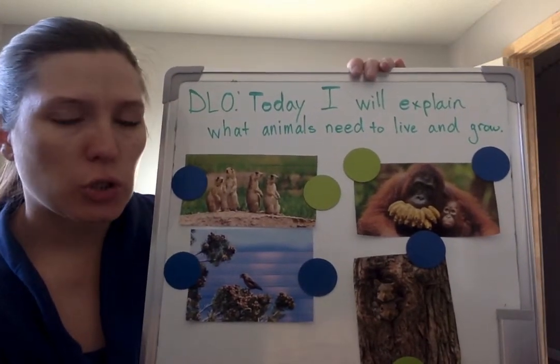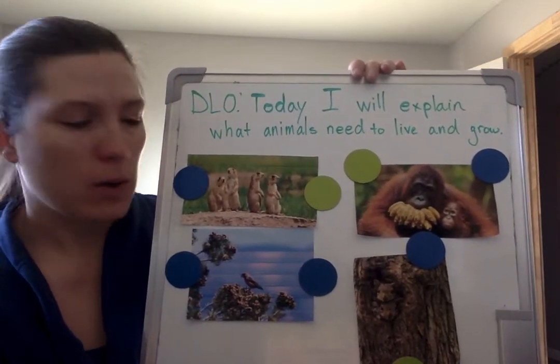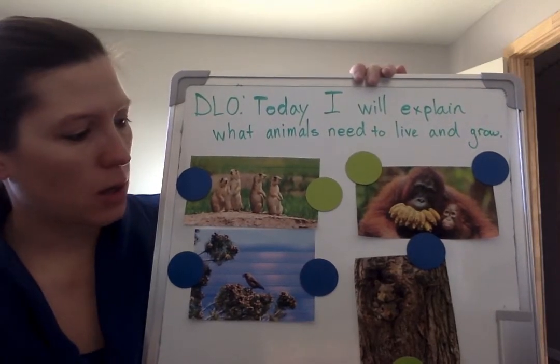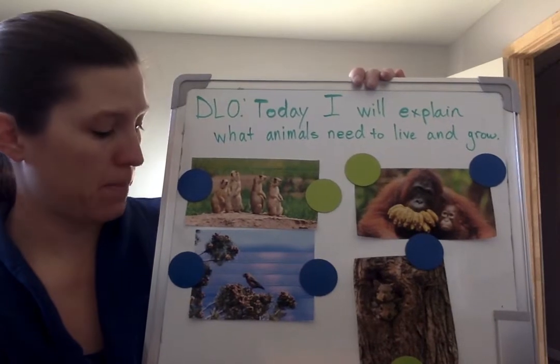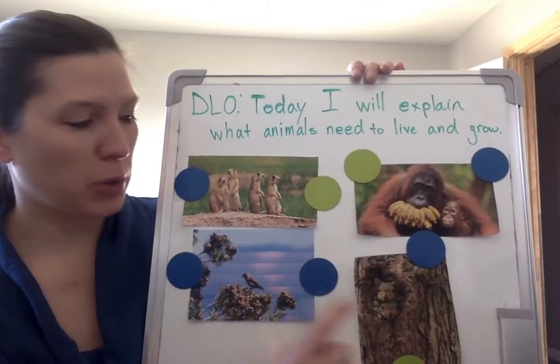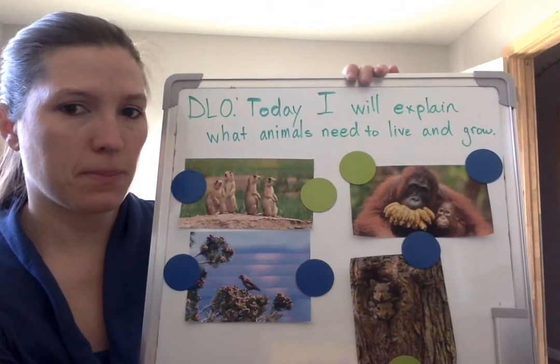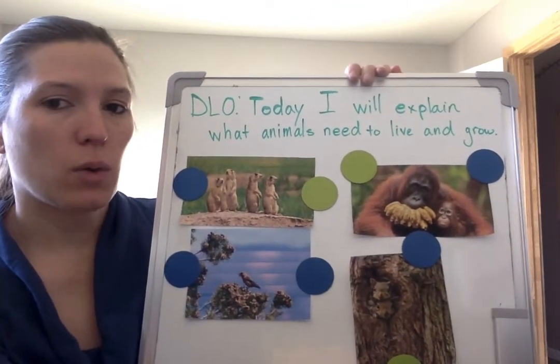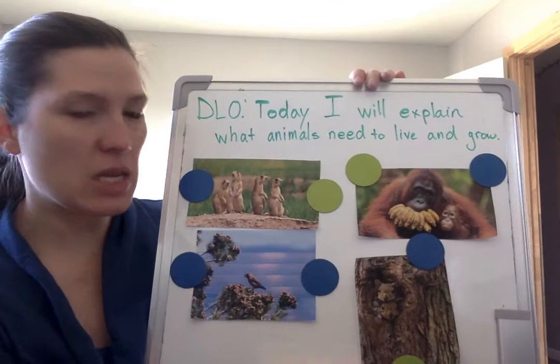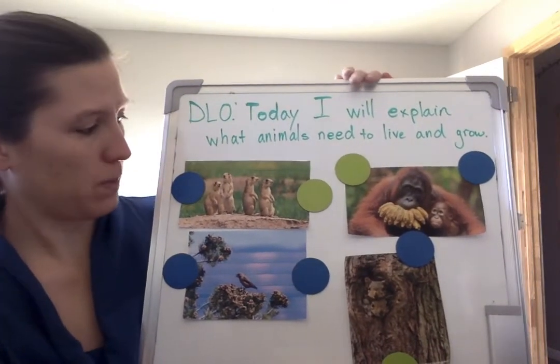Think and talk to your helper about how maybe a prairie dog and a squirrel are the same, or how are they different? How is a bird and a squirrel the same? How are they different? I want you to think about what you think these animals need to live and grow.